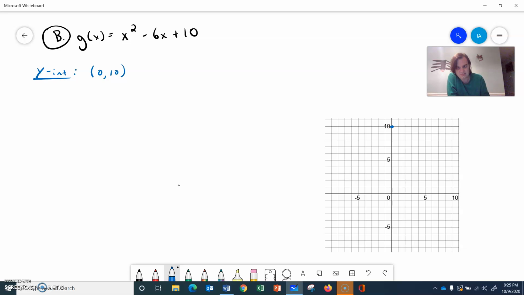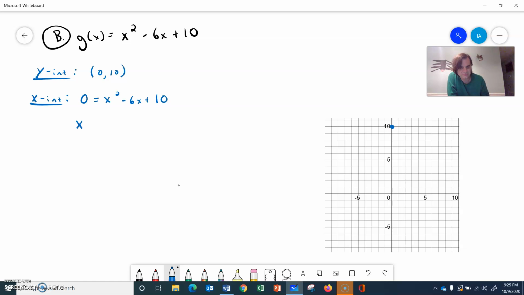Not what I intended to have the same Y-intercept on both, but it worked out. The X-intercept, remember we set the function equal to 0, so 0 equals X squared minus 6X plus 10. This one doesn't look like it factors either.